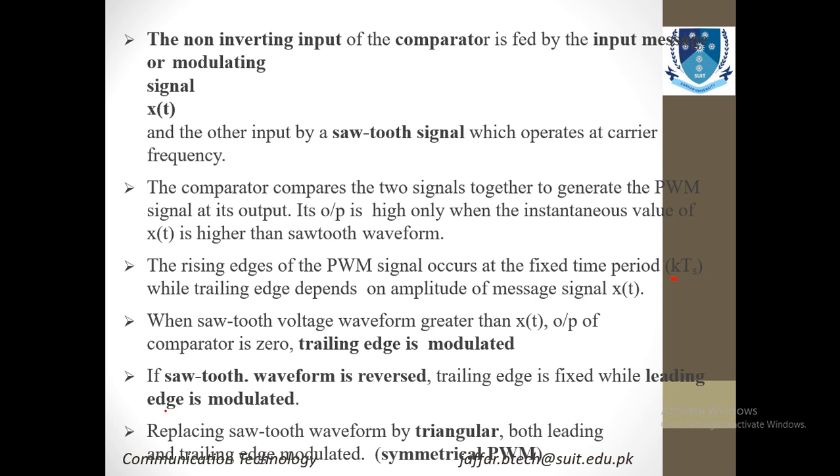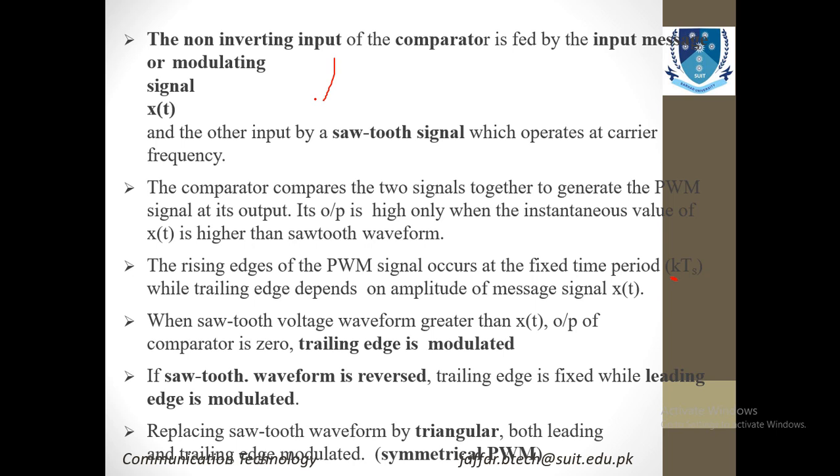Similarly, replacing the sawtooth wave by a triangular wave, both leading and trailing edges will be modulated. So if you want both of these edges to be modulated, you can use a triangular waveform instead of the sawtooth waveform. A triangular waveform is not much different from a sawtooth.